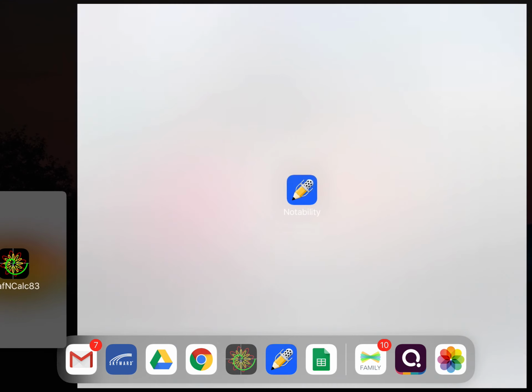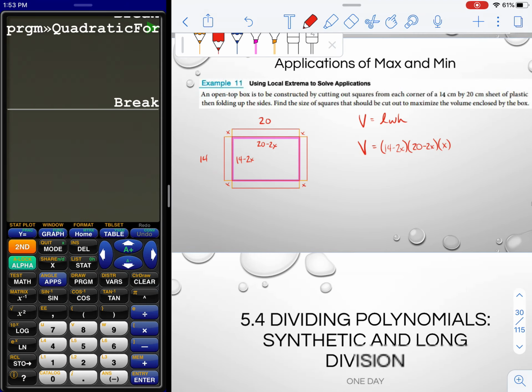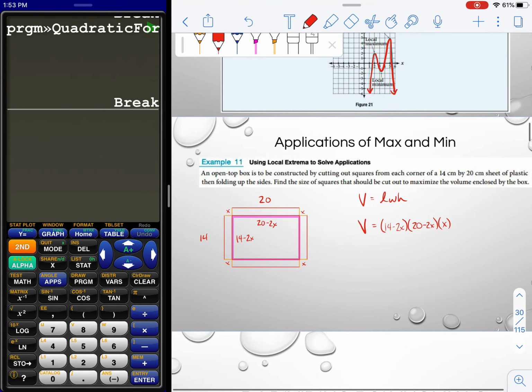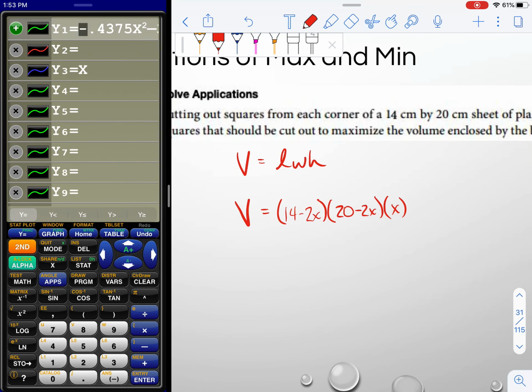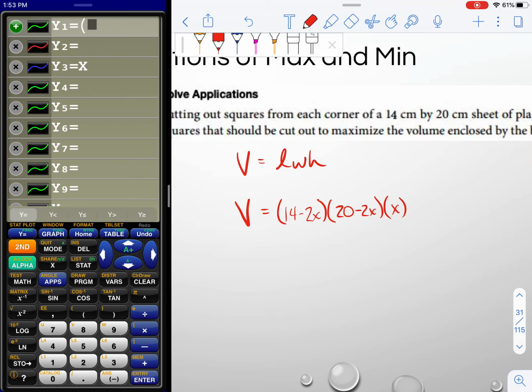So let's go ahead, let's plug this into a graphing calculator. It's going to help significantly to have the graphing calculator available to us. So I'm going to go to y equals, all right, and I'm going to type in the function 14 minus 2x times 20 minus 2x times x.